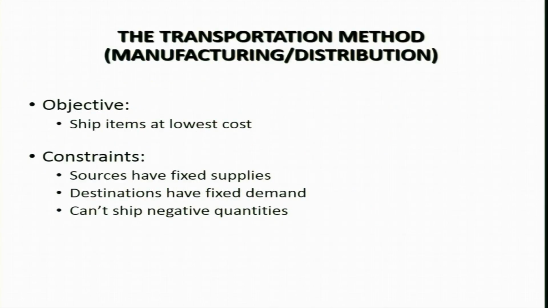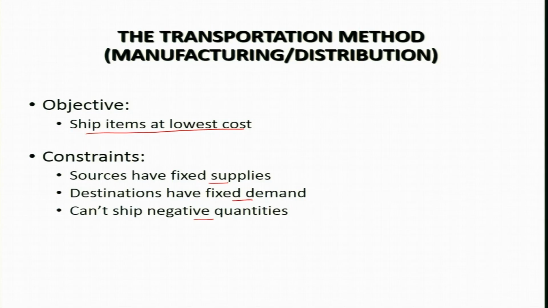Now, let us see the second technique for single facility location, that is the transportation method. So, the idea here is to ship the item at the lower cost, and you may have sources which have some constant supplies, they can supply a certain amount, and the destinations have certain fixed requirements, and you cannot have a reverse flow.